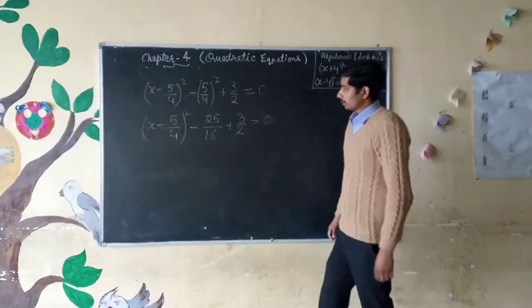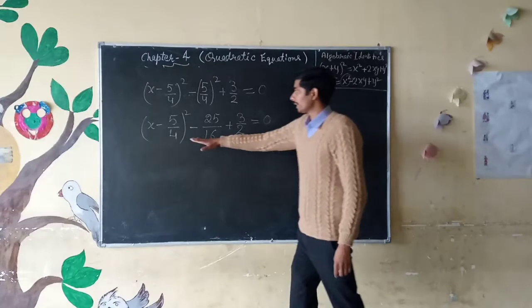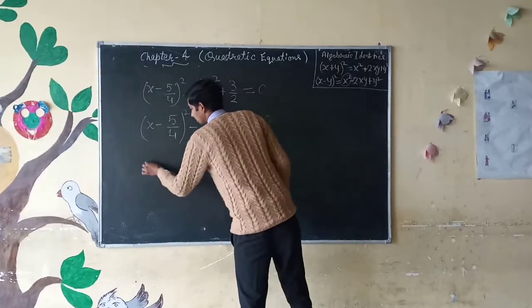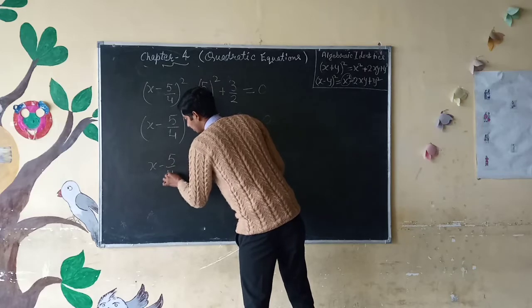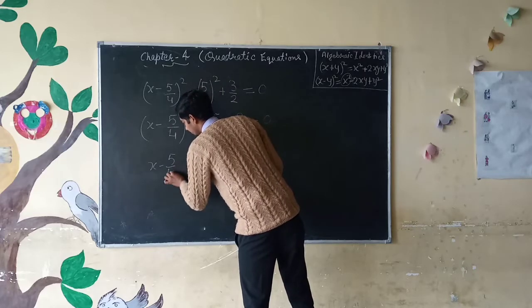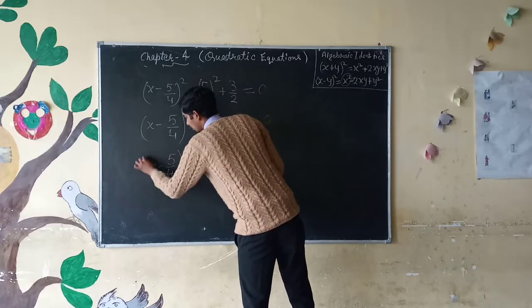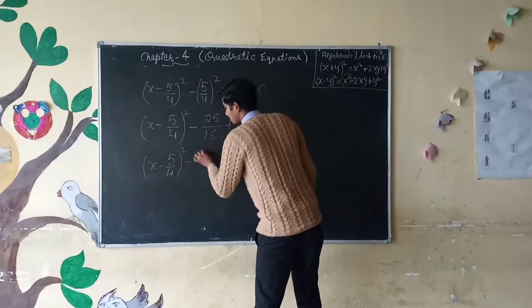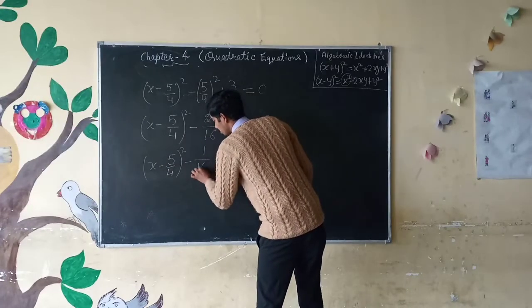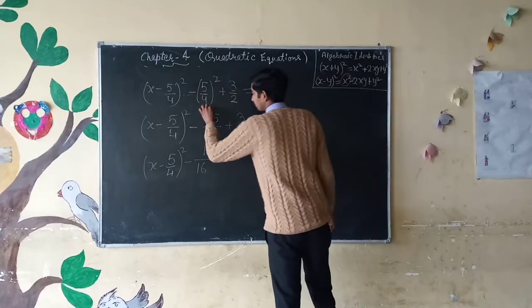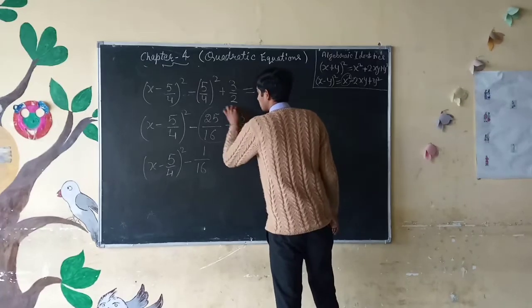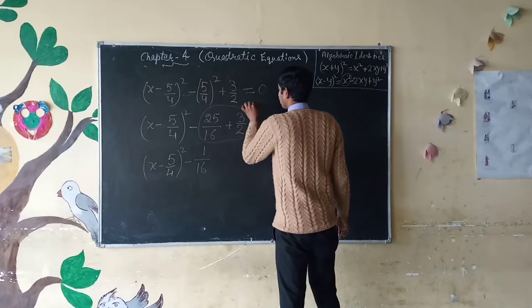Okay students, so now tell me, can I write it like this? X minus 5 upon 4 whole square minus 1 upon 16. Can I write here? This is your homework. Do this yourself.